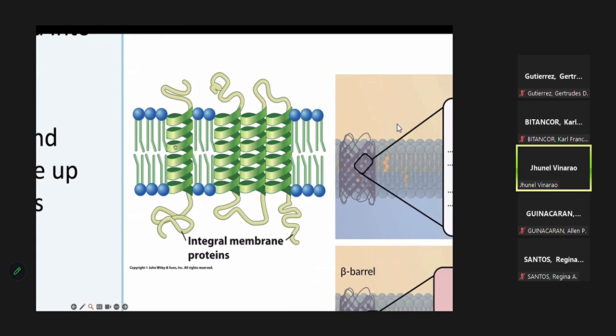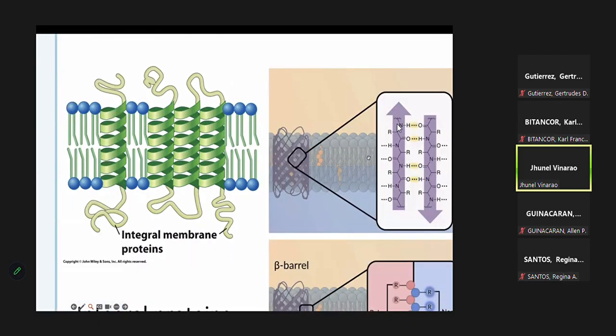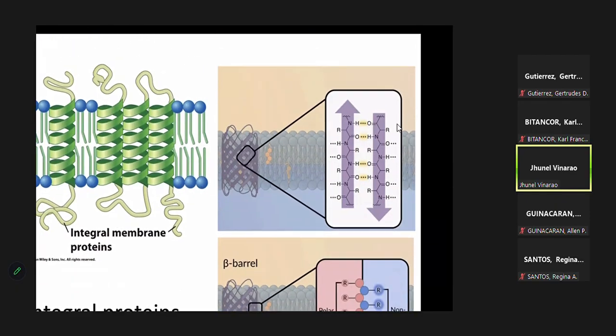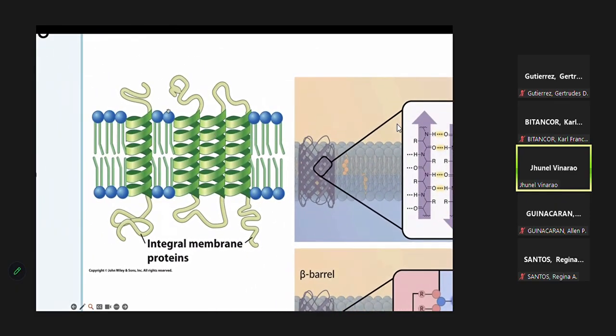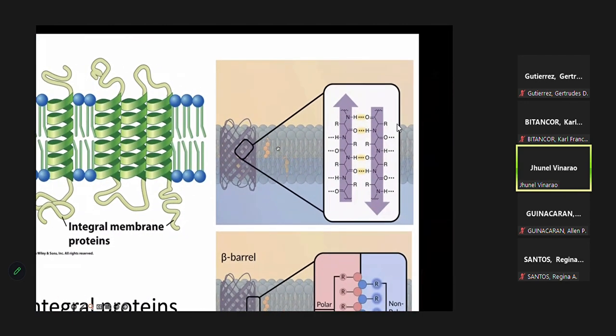Does this mean all amino acids in the membrane spanning domain are non-polar? Well, not all. And though alpha helices are common, not all integral proteins are in alpha helix conformation. Some of them can be in the beta structure.